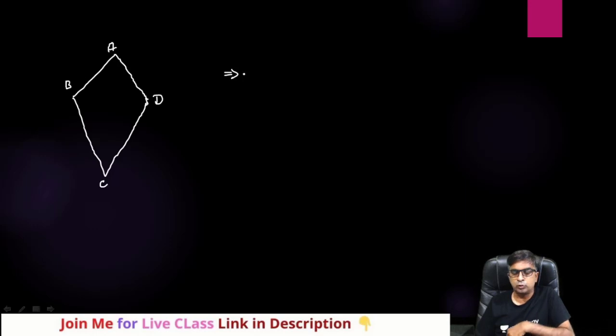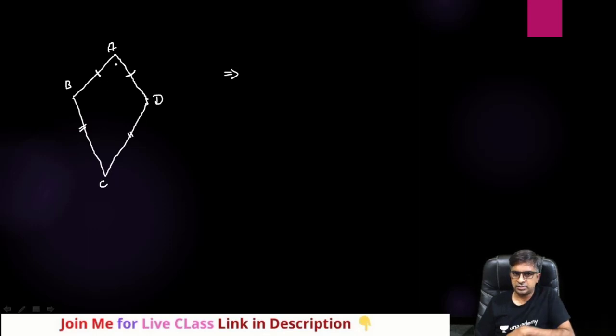Here we will get 2 pairs of adjacent sides equal. This will be equal to this and this will be equal to this. I am not writing because when I say adjacent sides are equal, this can be also equal, but here these are not equal. So on the basis of the figure only we can specify that 2 pairs of adjacent sides are equal.